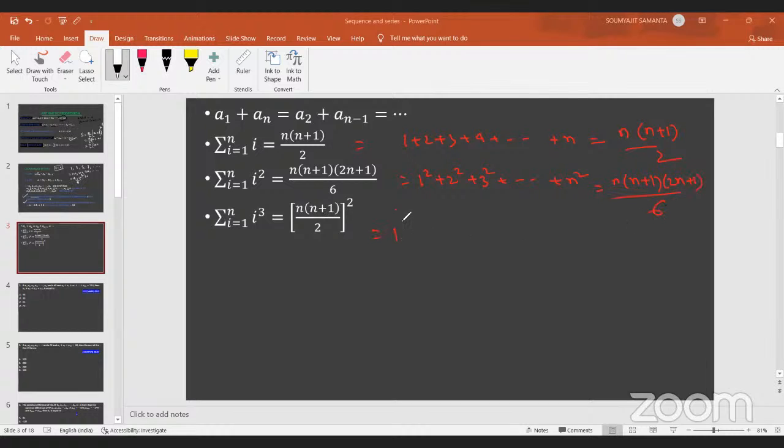This means the sum of cubic terms, that is 1 cube plus 2 cube plus 3 cube plus dot dot till n cube. This will become n square into n plus 1 whole square divided by 4. See, we can use this kind of summation only if the terms start from 1. Otherwise we cannot use it directly. We have to adjust and then we can use.